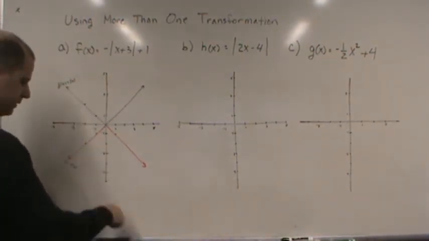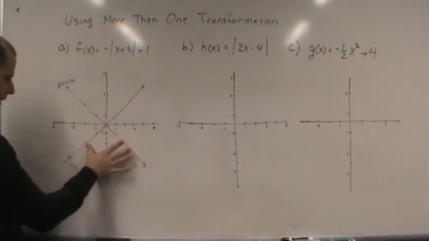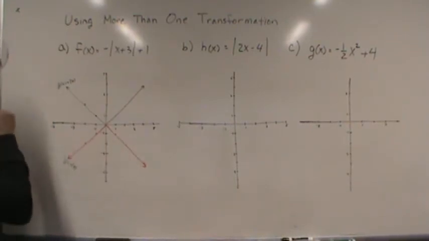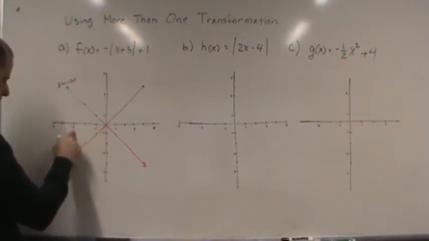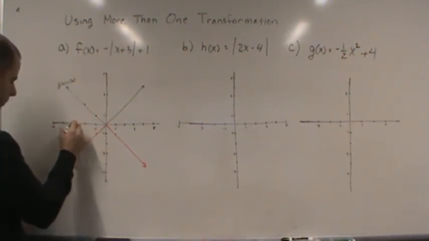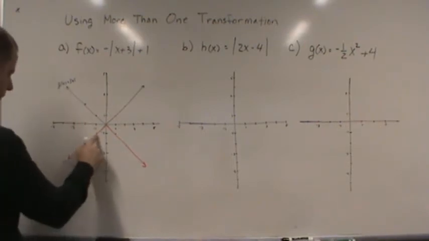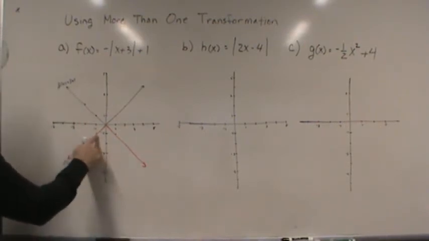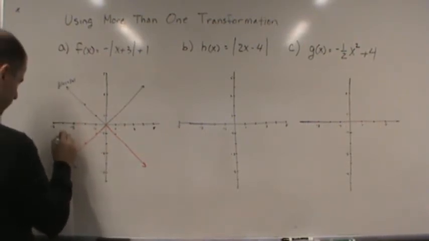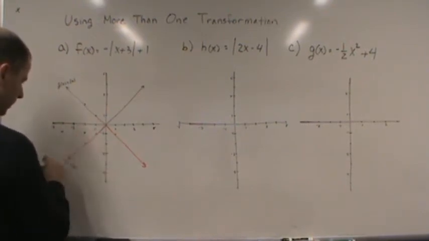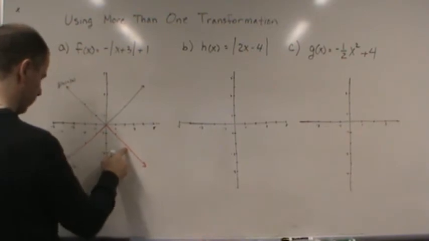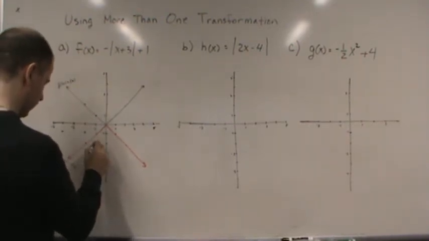So now this red, this is moving 3 units to the left. So 0 is going to -3. So that's going to go there. This point is moving over 3, so that's going to go here. This point is moving over 3, so that's going to go here. And then so on. This is going to move over 3, so that's going to go here.